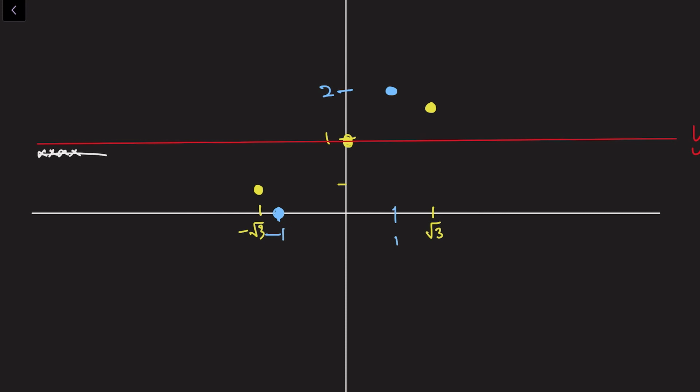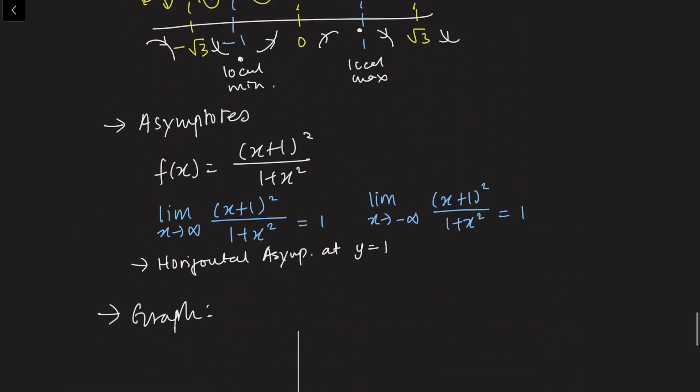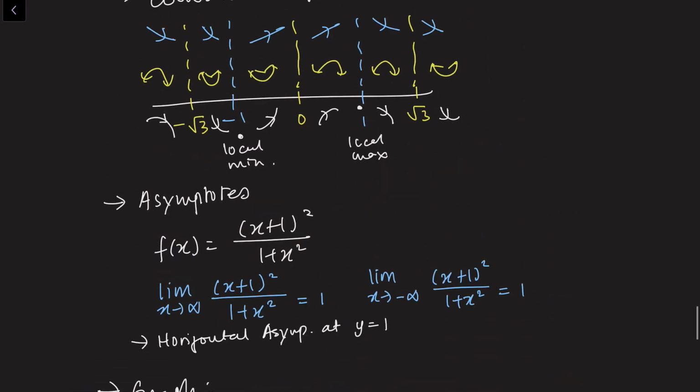So we just connect it to our first inflection point. Then after that, it is still decreasing, but concave up. Then after negative 1, it is still concave up but increasing.